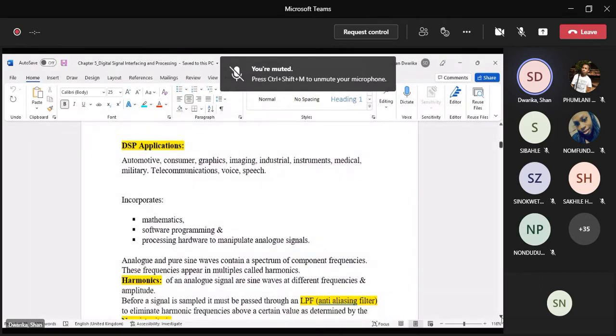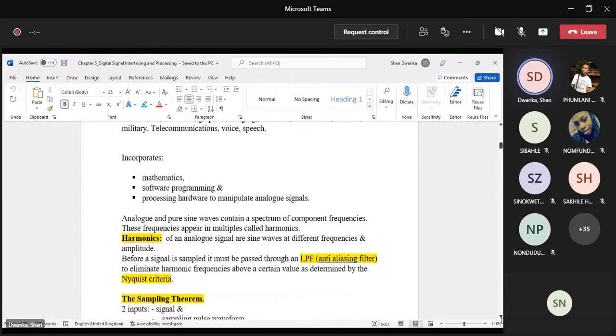Okay, so what does a DSP incorporate? These are three fundamental things, and you ought to know this. This is a typical test or exam question as well. It incorporates mathematics, software programming, and processing hardware to manipulate analog signals.